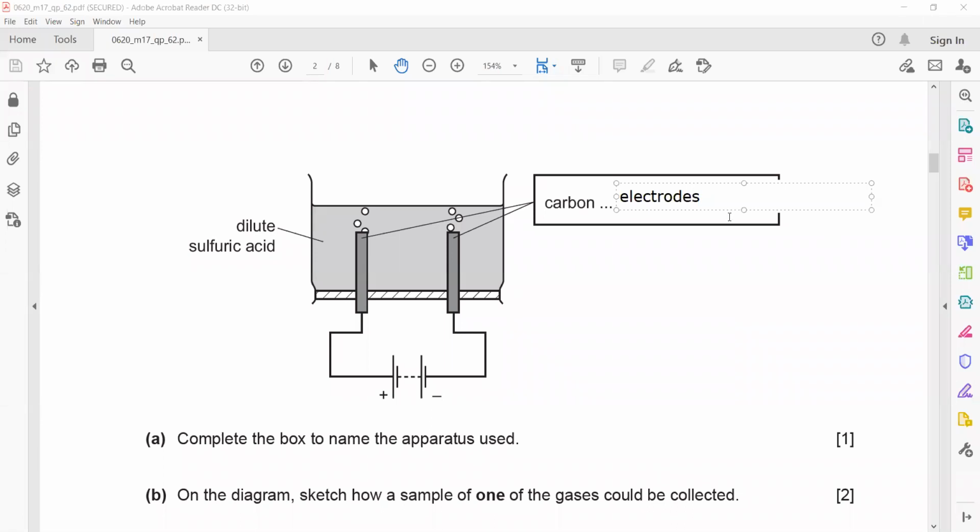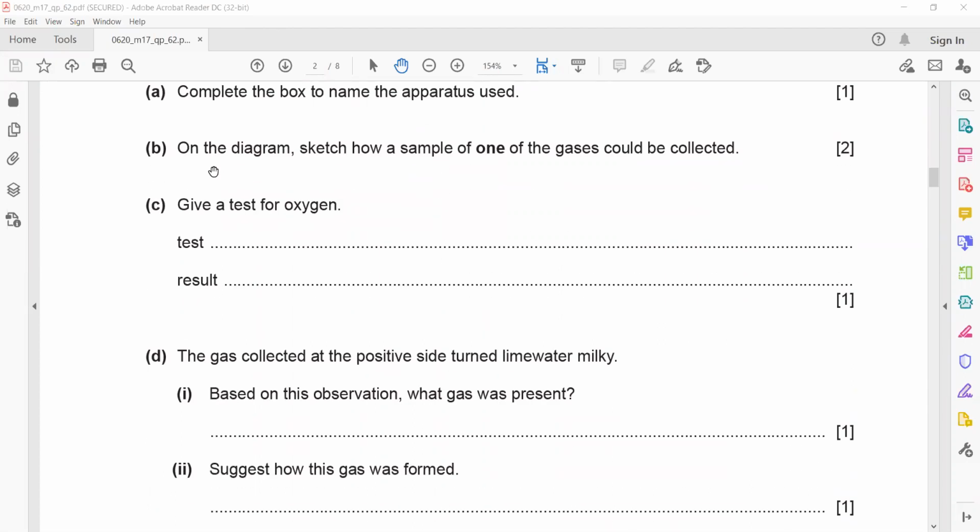On the diagram, sketch how a sample of one of the gases could be collected. So how can we collect it? We will use an inverted measuring cylinder, not a gas syringe.